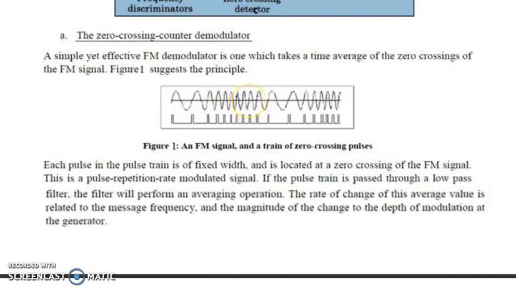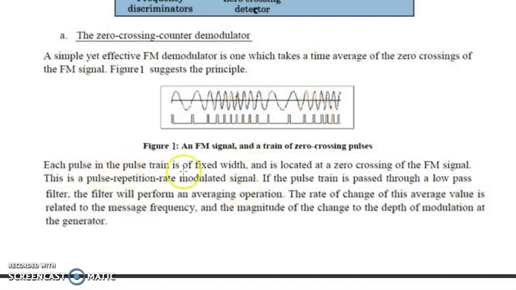In the demodulator we should generate some pulses at the zero crossing points. You can see here, when the wave crosses from the negative side to the positive side, at the zero crossing point, a pulse is generated, and all pulses are of equal width. The pulse width is the same, but the pulses are generated only at the zero crossing points, when the wave is crossing the axis line.